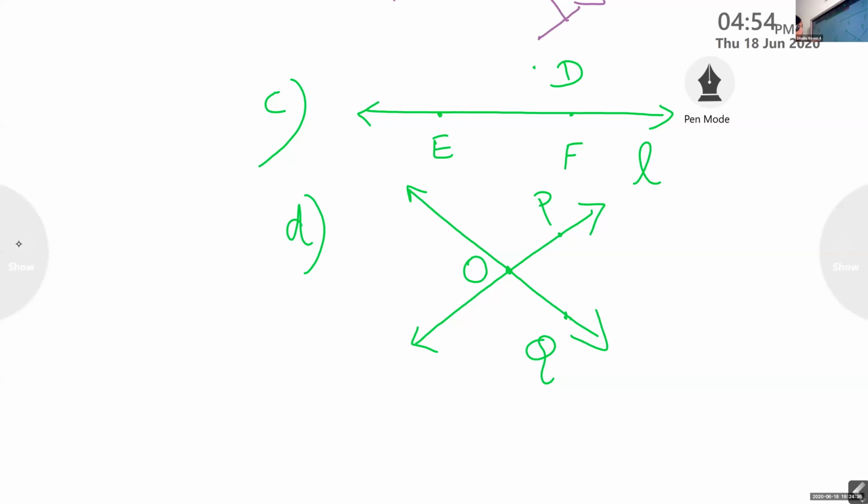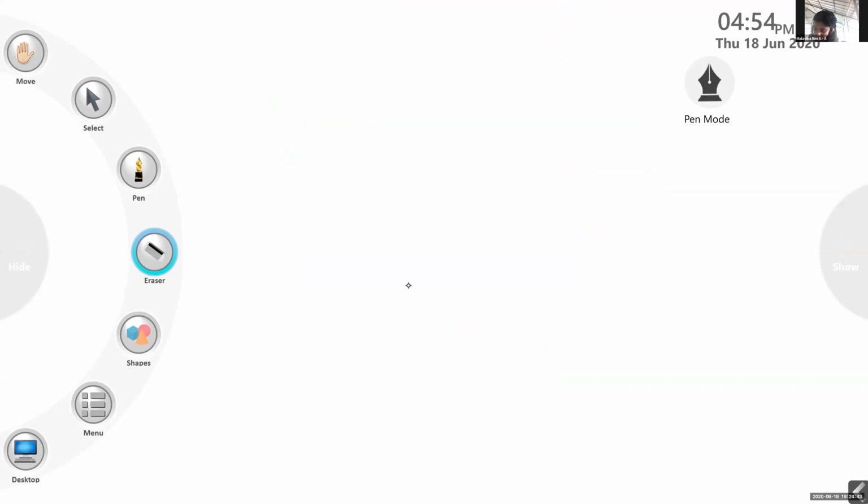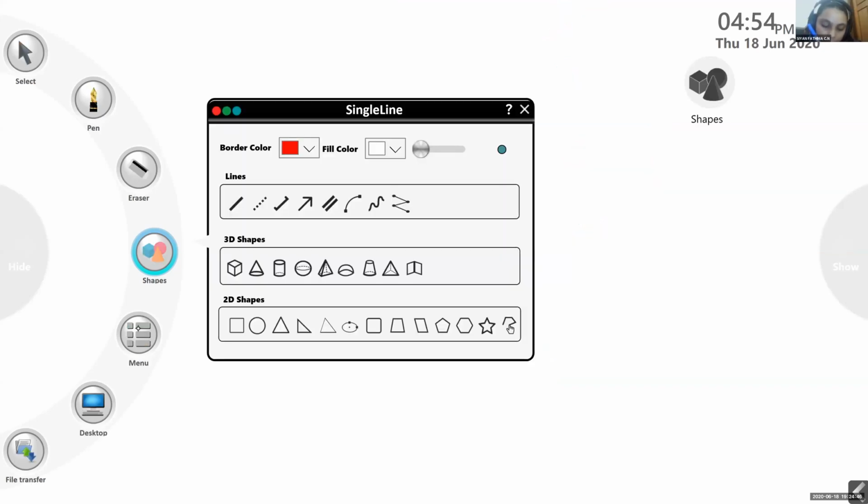Draw a quadrilateral and shade its interior. Finish, ma'am.